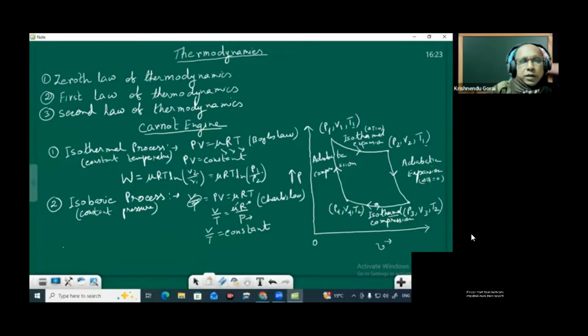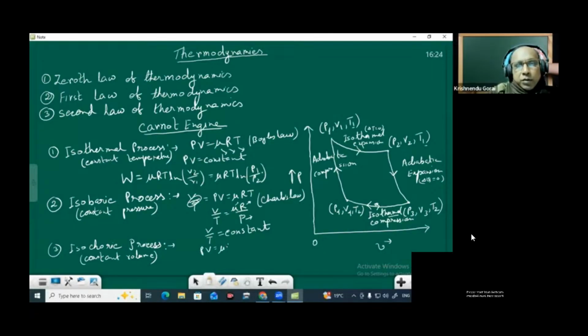And the third one is the isochoric process. In the isochoric process, volume is constant. So if the volume is constant, what will you get? PV is equal to mu RT.